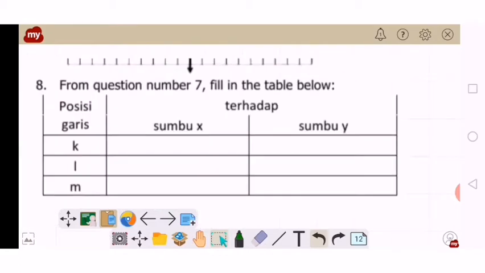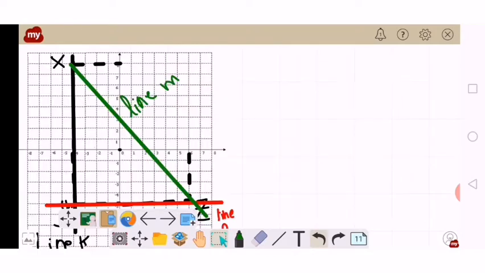It asks you to find line K ya, terhadap sumbu X. Garis K yang warna hitam tadi itu adalah garis K terhadap sumbu X. Nah, kalau terhadap sumbu X, apakah dia perpendikular, berpotongan tegak lurus, ataukah dia sejajar? Kalau kita lihat sumbu X-nya adalah yang ini. Ini adalah sumbu X. Sumbu X bukan titik X, tapi ini sumbu X maksudnya.